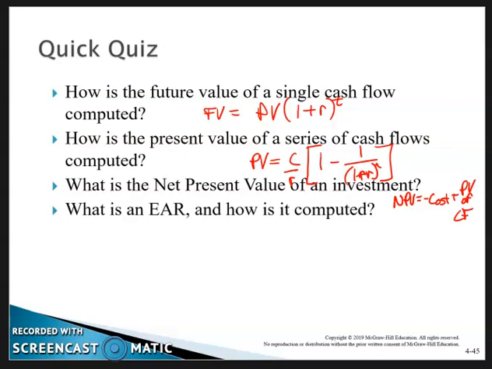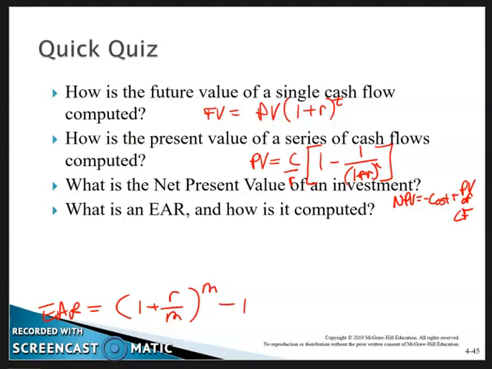EAR is effective annual rate, and it is equal to 1 plus r divided by the number of compounding periods, to the power of the number of compounding periods, minus 1.